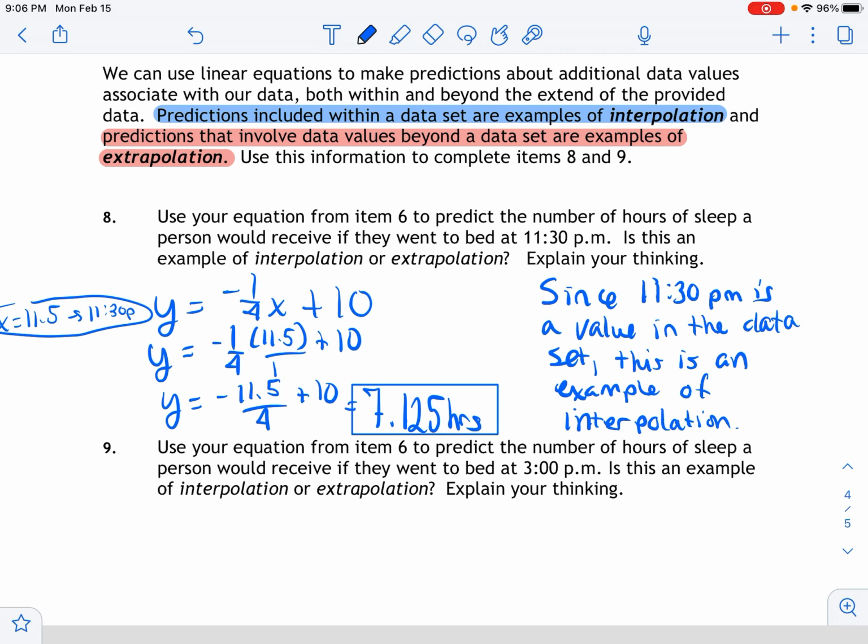Interpolation, again, is just a big fancy word that means the value you are predicting the number of hours of sleep for, in this case, is within the data set. So according to our scatter plot, our line of best fit, a person who goes to bed at 11:30 p.m. should get approximately 7.125 hours of sleep.